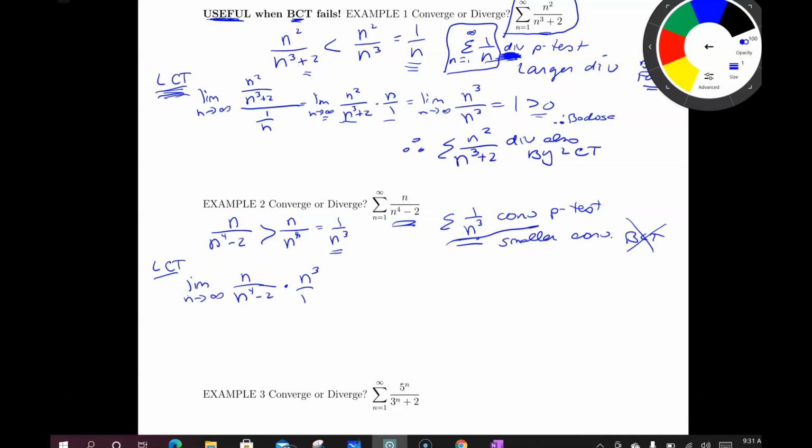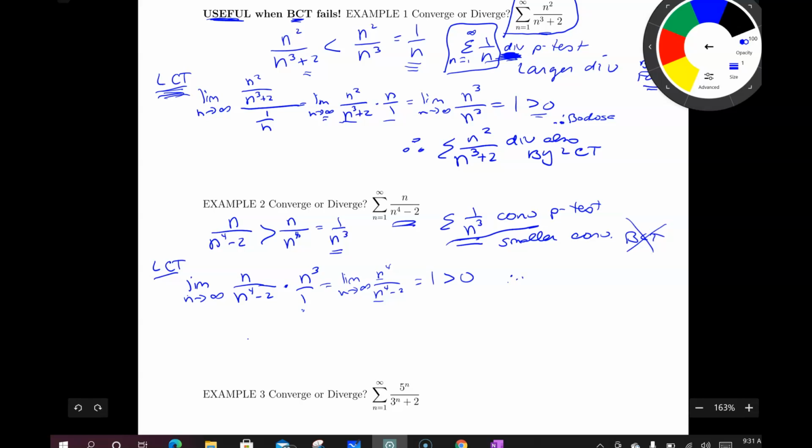Dividing by 1 over n cubed is the same thing as multiplying by n cubed over 1. Now I'm ready to do highest powers because I'm taking the limit as n goes to infinity. So I get n to the 4 over n to the 4th minus 2. Highest powers, I get 1. It's going to happen a lot. You're going to get 1 an awful lot. But that's good because that's a number bigger than 0.